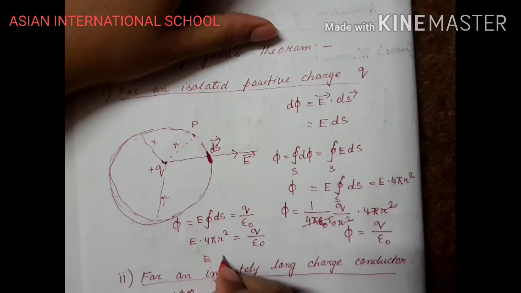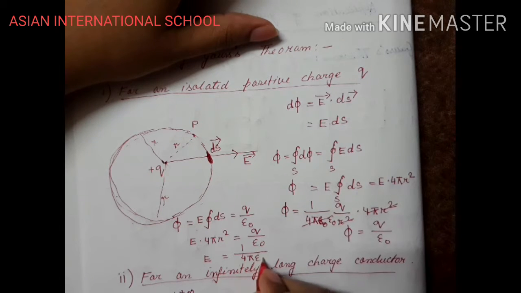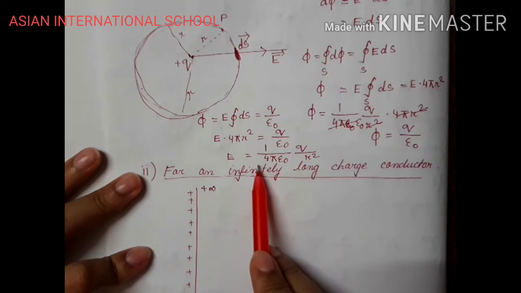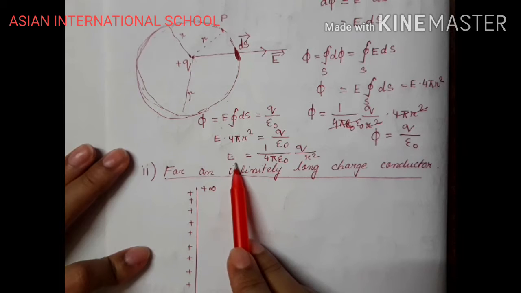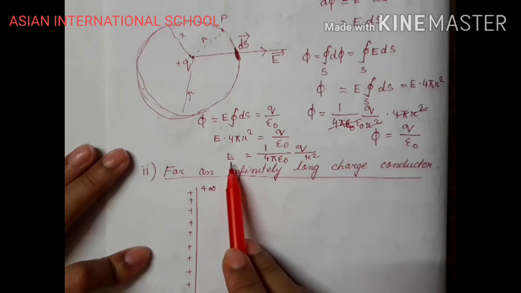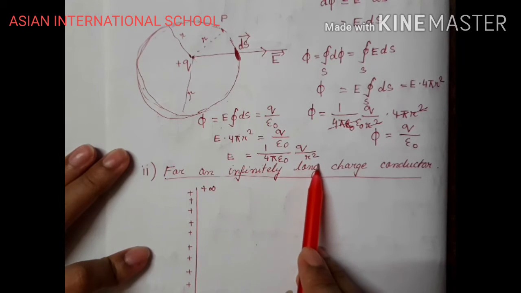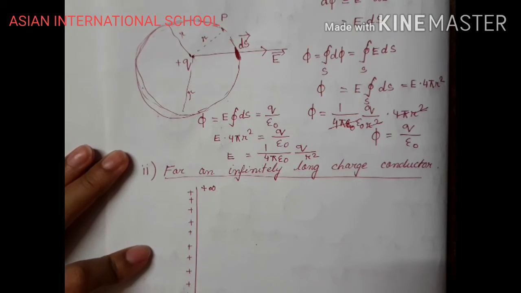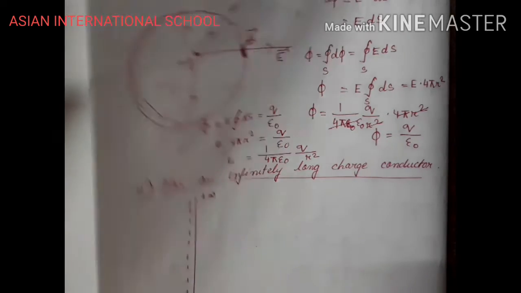So the electric field will be 1 by 4 pi epsilon naught q by r square. If you remember, we calculated the electric field previously for an isolated charge. See, the same thing comes while we are applying Gauss theorem.